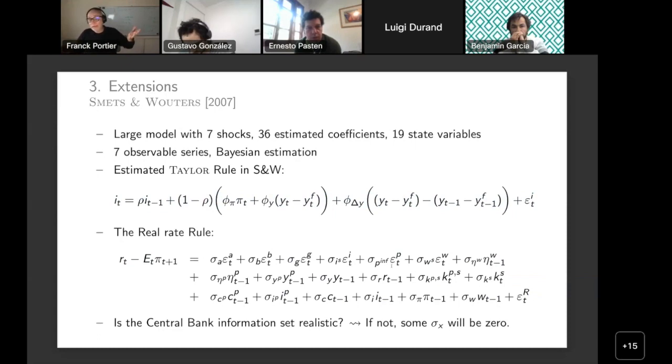But then it's complicated, because if you think of the joint priors of the policy parameters with the other deep parameters, there's no way they can be the same. I could, for each set of sigmas, compute the equivalent rho, phi_pi, phi_delta_y, and then make sure that the joint distribution of my priors is the same in the two models, but that's just insane.